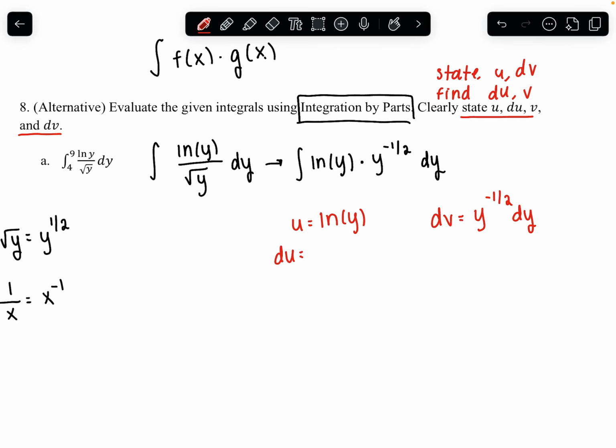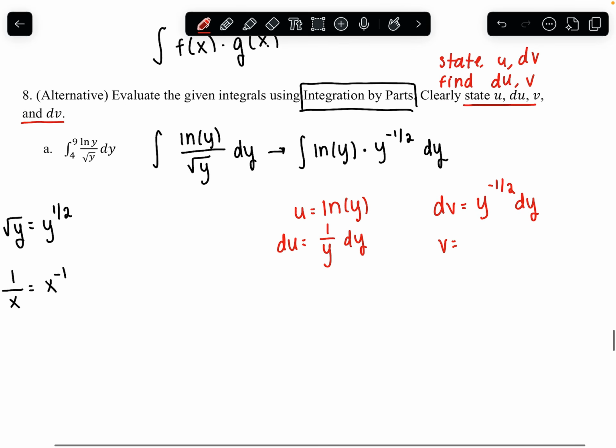All right, so the derivative of ln y is going to be 1 over y, which is great. And then v is going to be the antiderivative of y to the negative 1/2. Anytime we do the antiderivative of something with an exponent, we increase the exponent by 1 and divide by the new exponent.